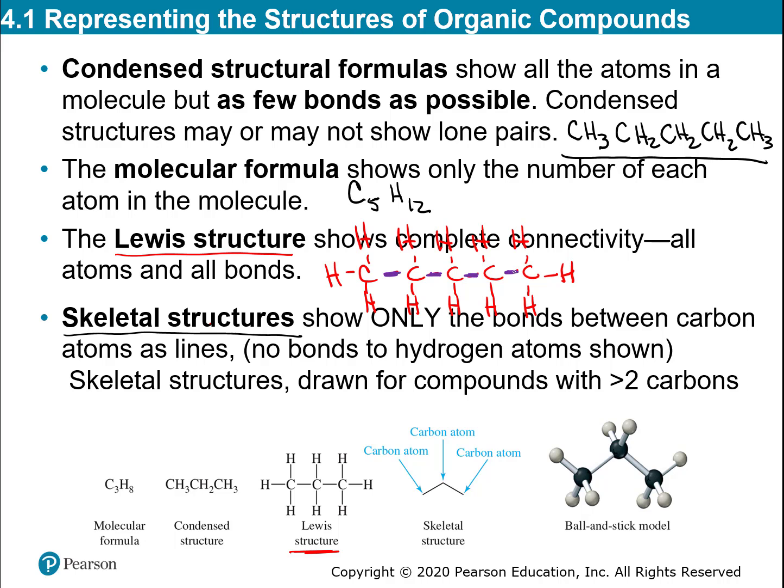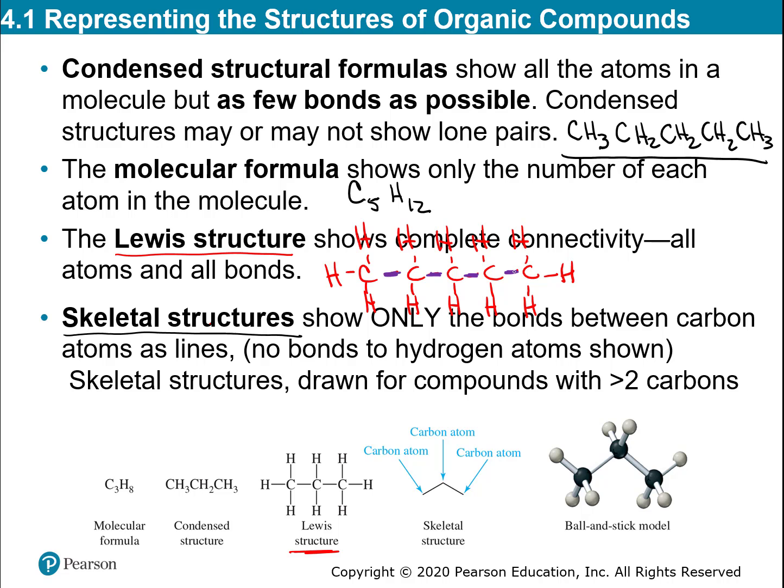Do you see all the other lines are actually bonds from carbon to hydrogens? Notice that only those purple ones are actually carbon to carbon bonds. And there's like a little trick. Whatever the number of carbons, you'll always have one less line. Okay, so if I have 5 carbons, I only have 4 lines. If I had 10 carbons, I'd only have 9 lines. So the number of lines in a skeletal structure is always the number of carbons that you're trying to draw minus 1.